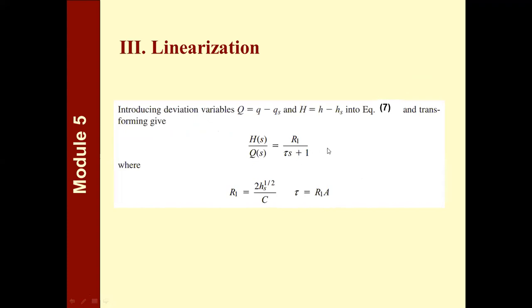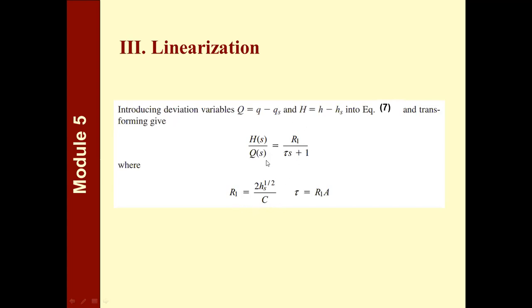So the difference of this particular transfer function for a nonlinear relationship between Q sub O and H with the one which has linear relationship is just in the numerator. So if there is linear relationship between Q sub O and H, this is just R. But if it's not linear, this is now R sub 1.